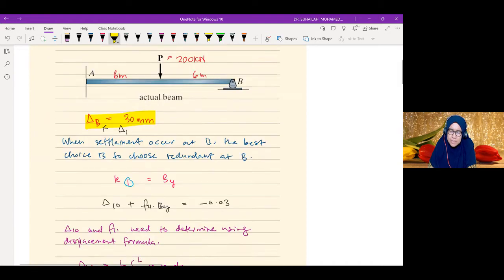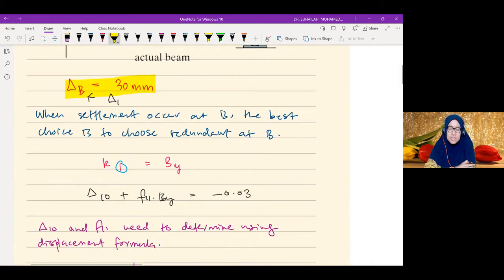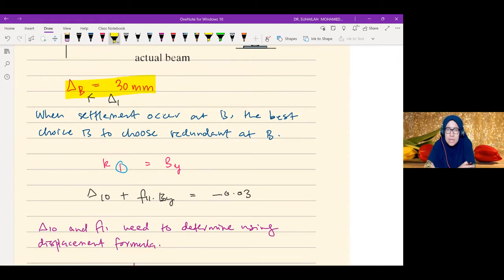So when settlement occurs at B, the best choice is to choose the redundant at B. Okay, it means the easiest way is by choosing the redundant at the displacement position. If settlement is located at B, the best choice is to choose the redundant at the same position, so we choose BY as redundant.